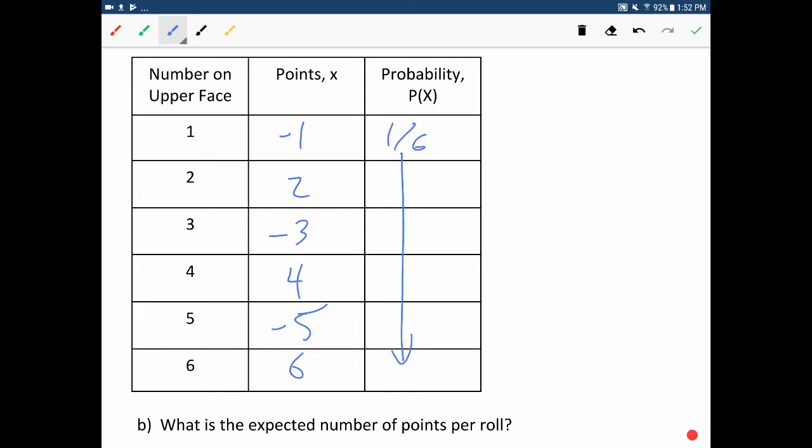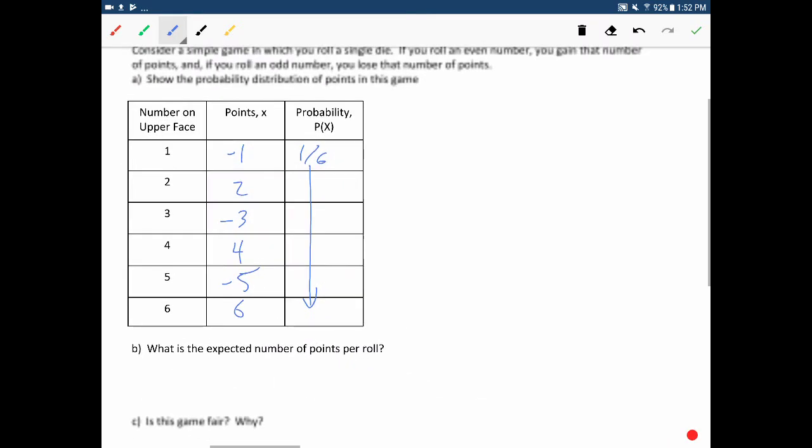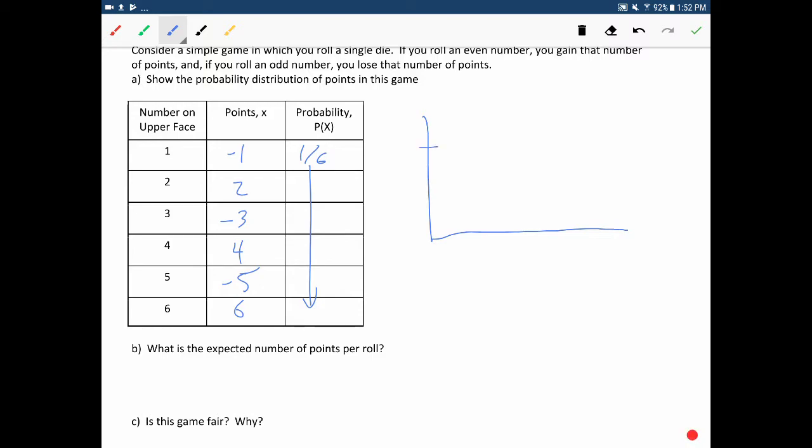If we were to graph this distribution, and this one's really straightforward, it seems kind of like a waste of time to graph this, but as we do more distributions, the graphs will tell you a lot more. So we'd have -5, -3, all the possible point outcomes. Each one has exactly the same probability, they're all 1/6, and this is why it's called uniform.